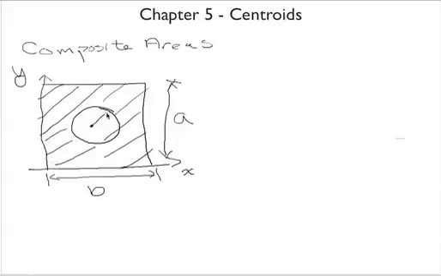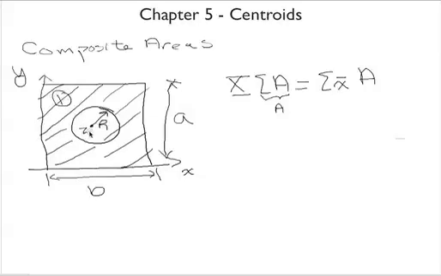And this has radius r. All right. So the way that we would do this is we would say, all right, well, our x bar times A is equal to the sum of all the areas, right? Because this is that total area, A. And then it's equal to a sum of all the centroids of all the little individual areas. So we've got two regions: region 1 here and region 2 here.